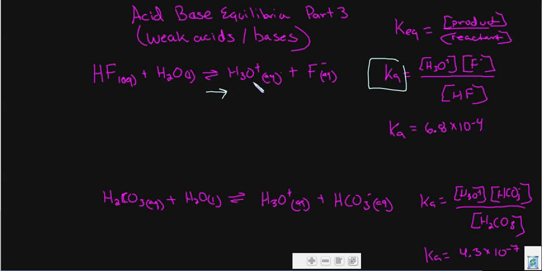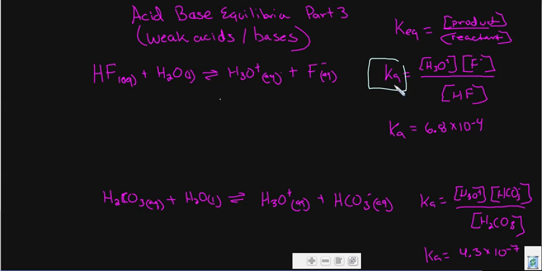It would go to completion, and whatever you put in on this side is going to end up as a completely one-to-one ratio of hydrogen ions donated to the water. But for weak acids, we're going to end up with an equilibrium constant expression, called the acid ionization constant, Ka.